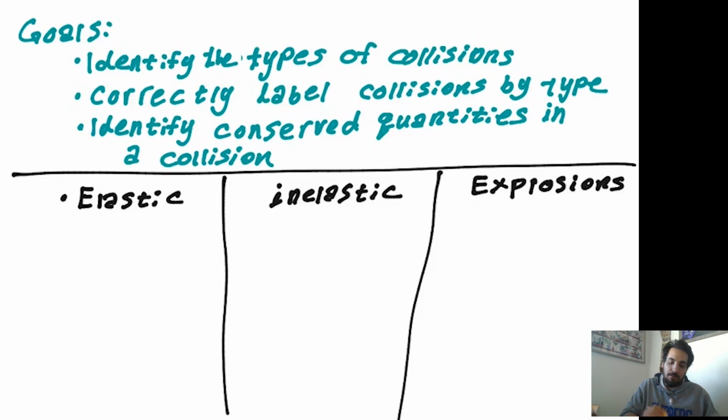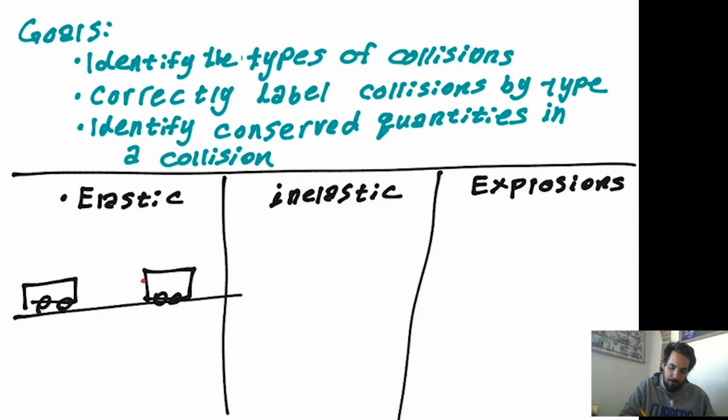We'll start with elastic. For an elastic collision, we could imagine two objects. I'm going to draw these two carts, and they're going to head towards each other. So this is our initial, I'll put an I there for initial.